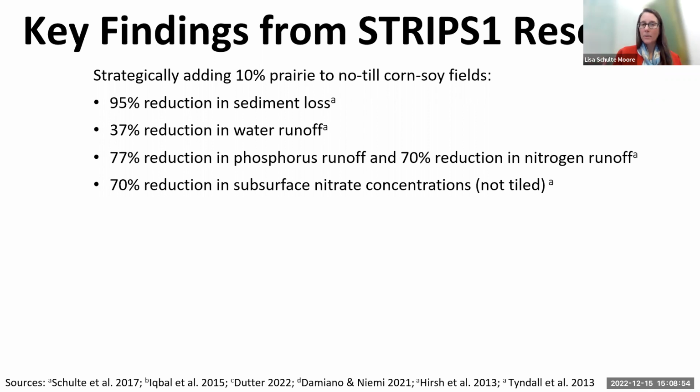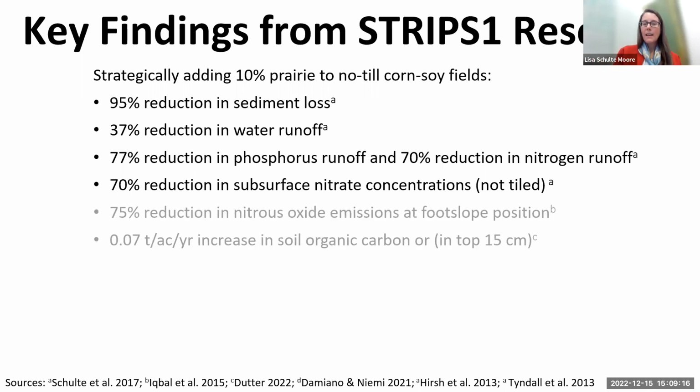So a 95% reduction in the amount of sediment being lost from that agricultural field, 37% reduction in the amount of runoff leaving that field, 77% reduction in phosphorus in the runoff, 70% reduction in the nitrate moving with water runoff, and 70% reduction in the nitrate concentrations in tile water in the groundwater.